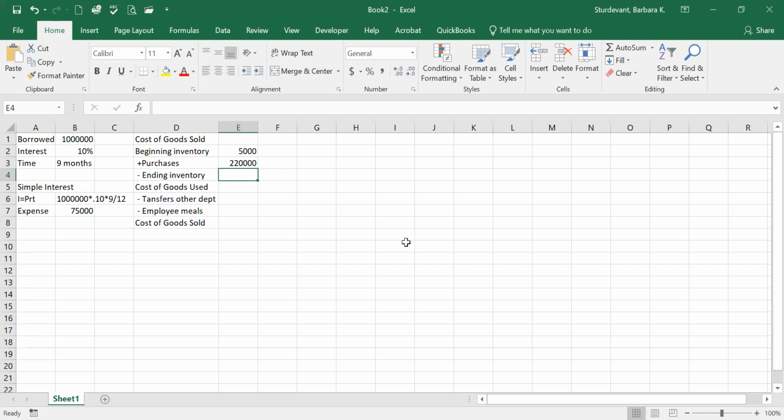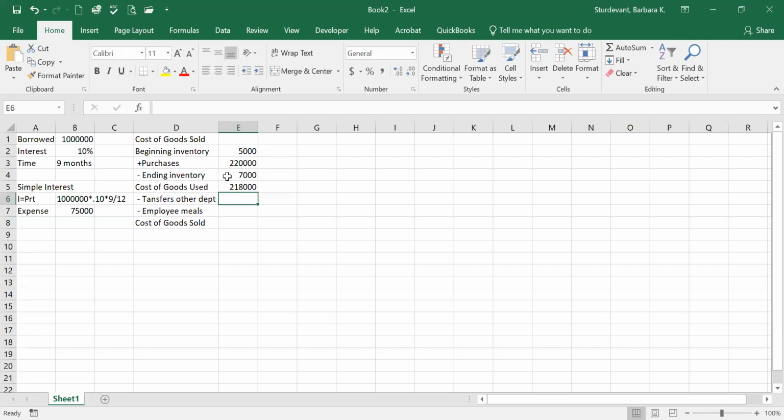Yep. Okay, so what we're going to do is add this plus this minus this. And that's going to give us our cost of goods used, or food in this case.